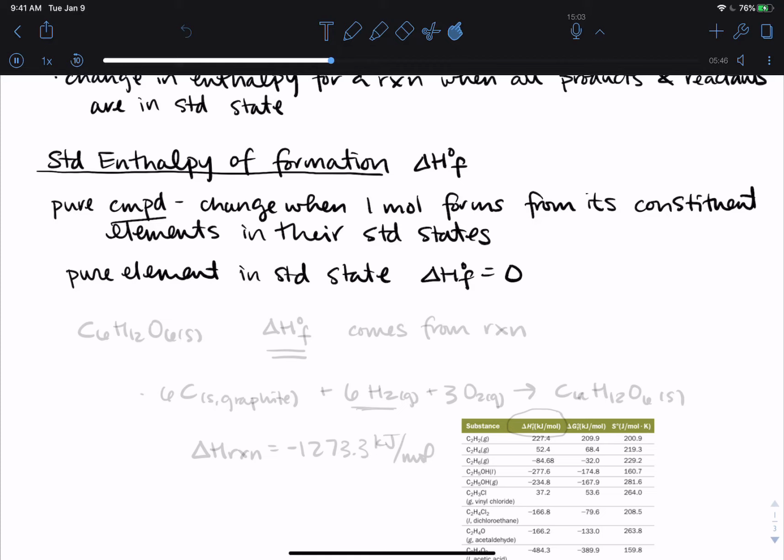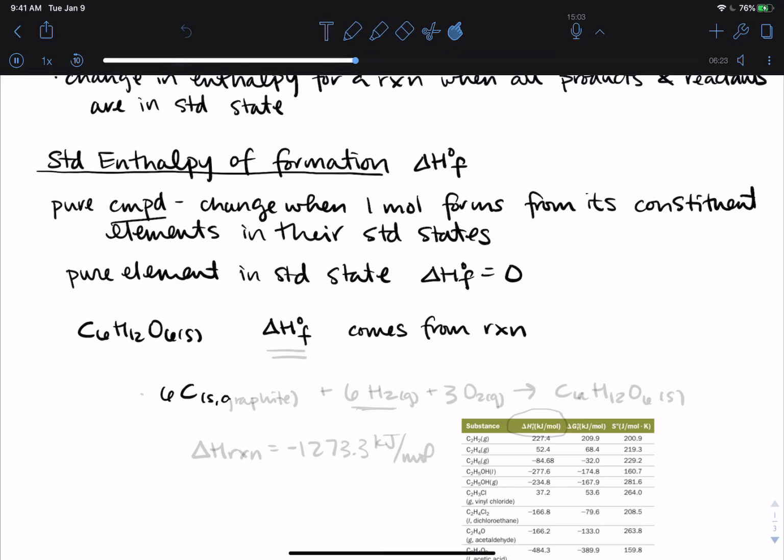So for something like C6H12O6 solid, the solid is the most stable form at 1 atmosphere and 25 degrees Celsius. So the delta H standard formation value for this compound comes from a reaction that would look like carbon, because it's one of the elements. I need 6 of them.